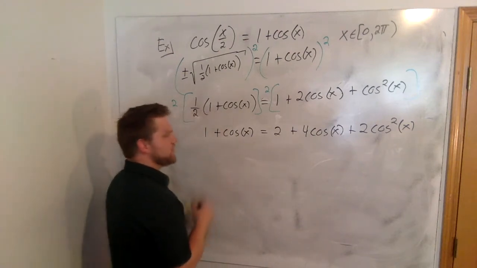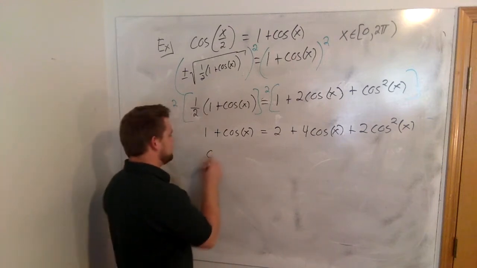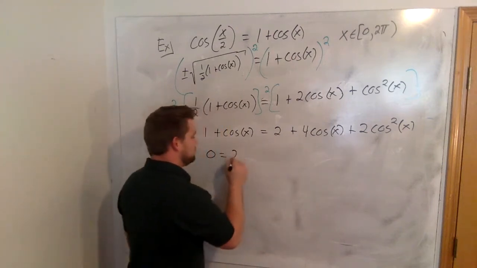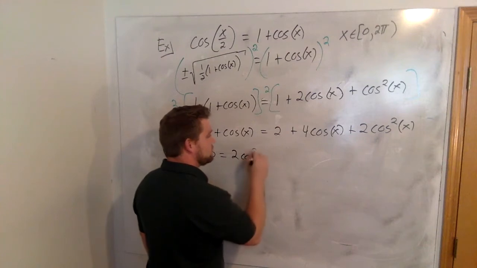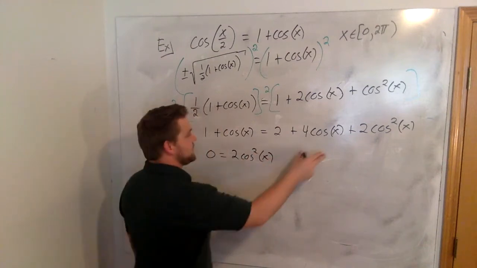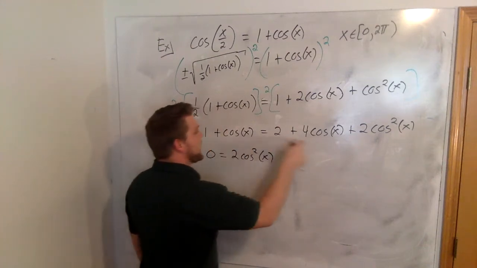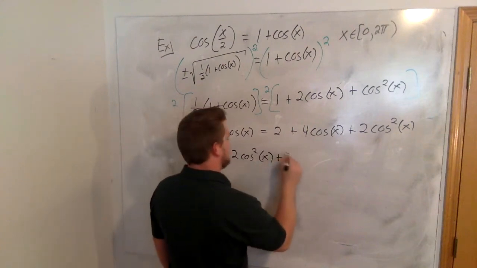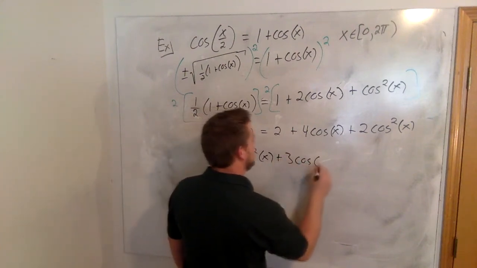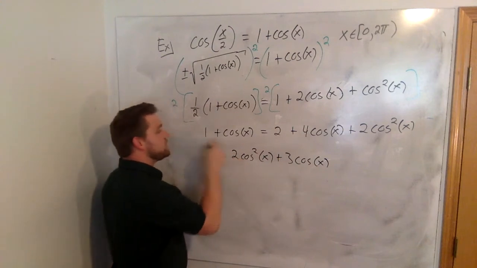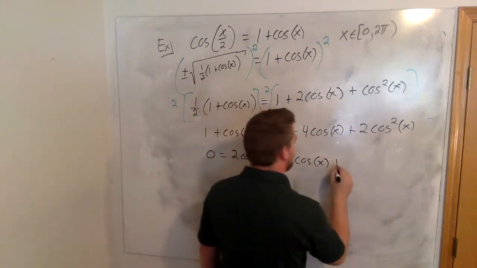I'm going to rearrange everything. So we can have 0 equal to, well, we have this 2 cosine squared of x. We've got 4 cosine of x, but we're going to subtract 1, so we'll have 3 cosine of x. We have a 1 here. We're going to subtract it from both sides, so we'll get plus 1.